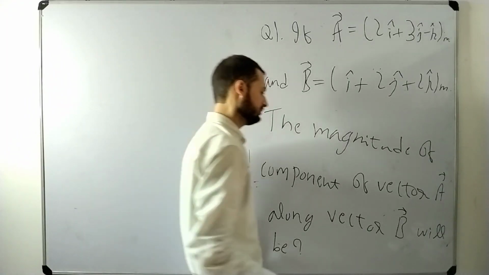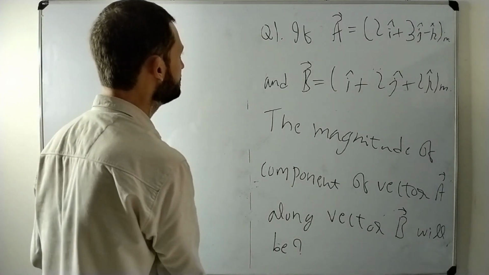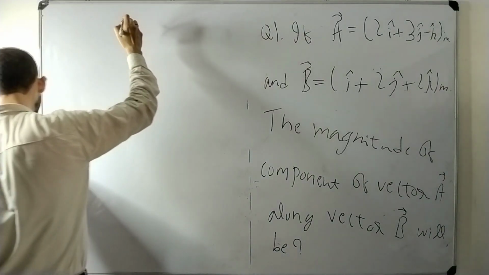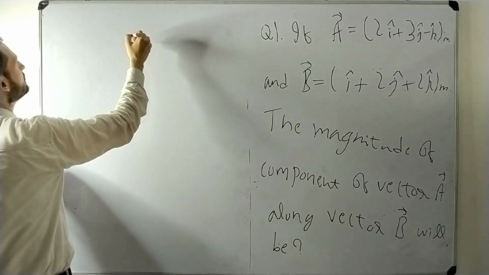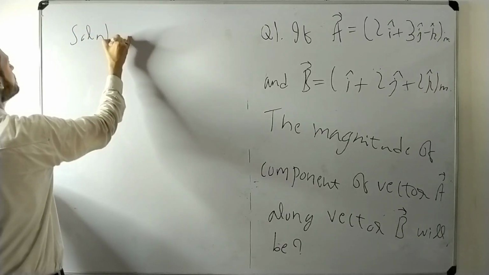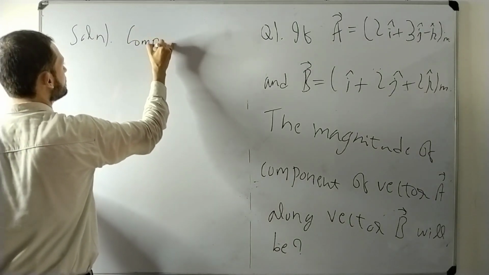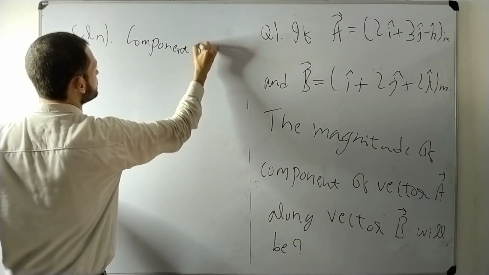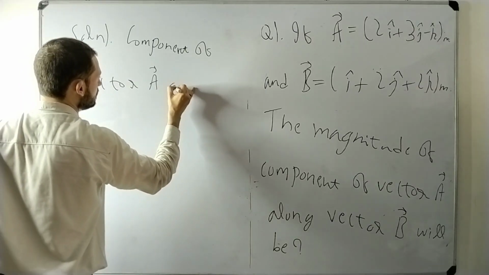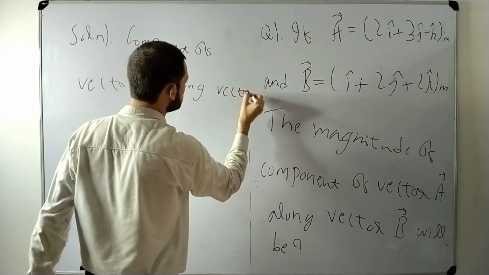The values coming out are the component of vector A along vector B. I need to write the language, otherwise you would not understand. Component of vector A along which vector? Vector B.